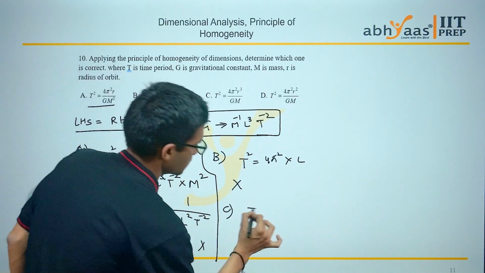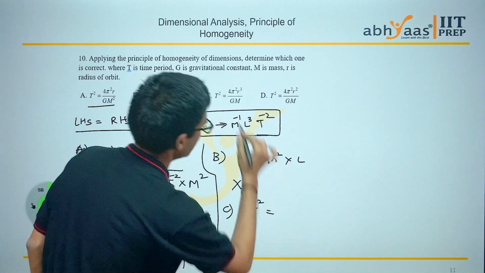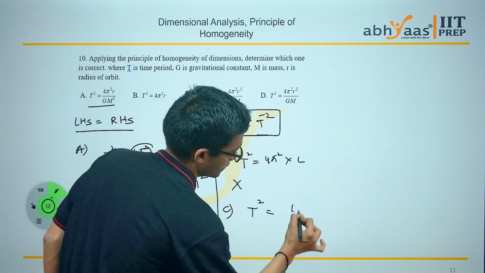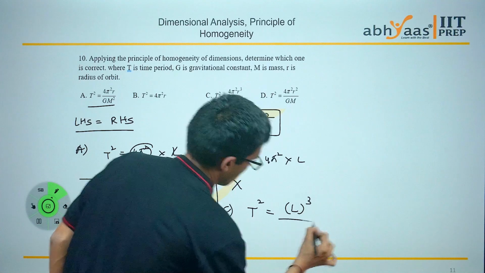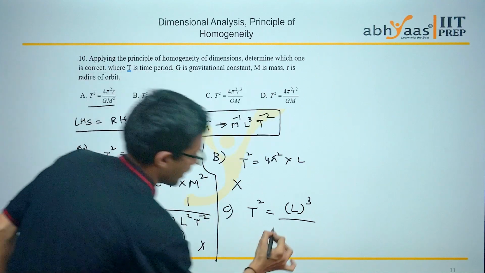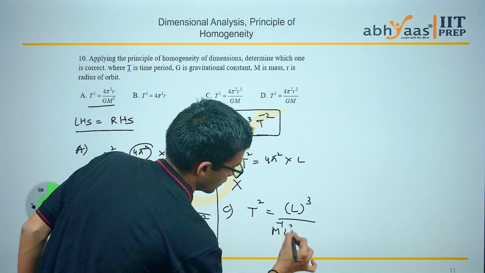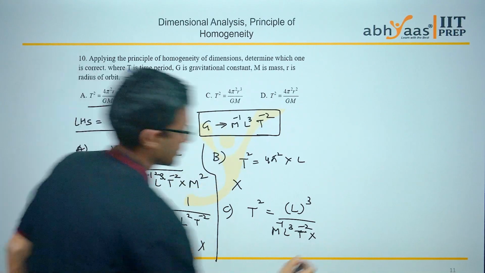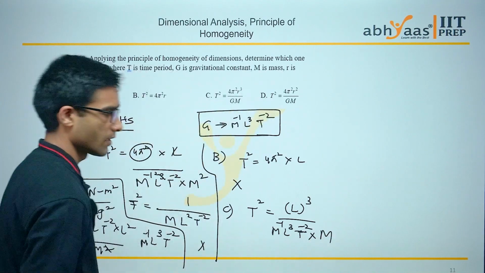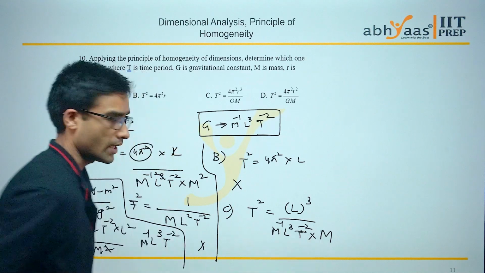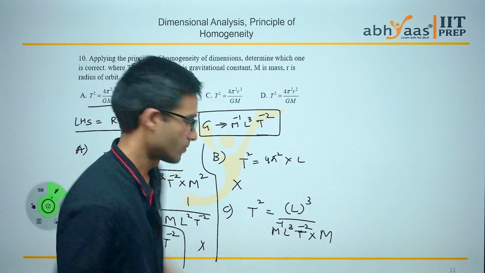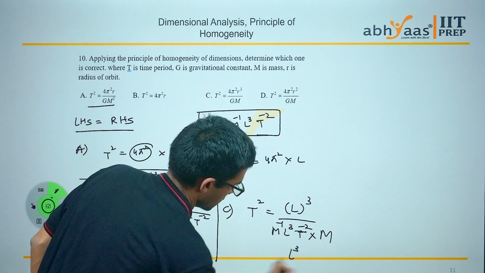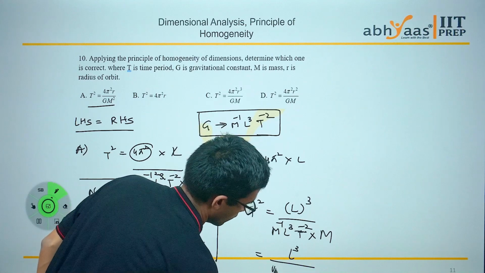C is a time square, you can keep like that. 4 pi square is constant. R cube is L cube by G. G is what? M power minus 1 L cube t power minus 2 into mass M. Okay? So m power minus 1 plus 1, what is there? 0. So I'll write the next step, that is L cube by m power 0.